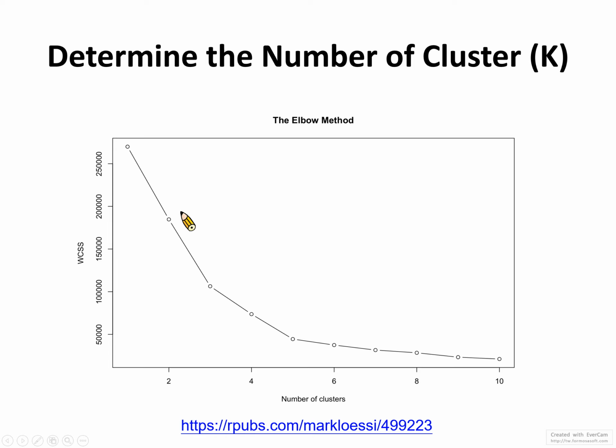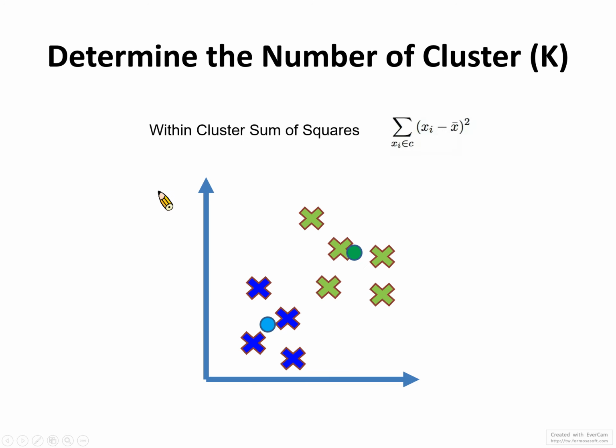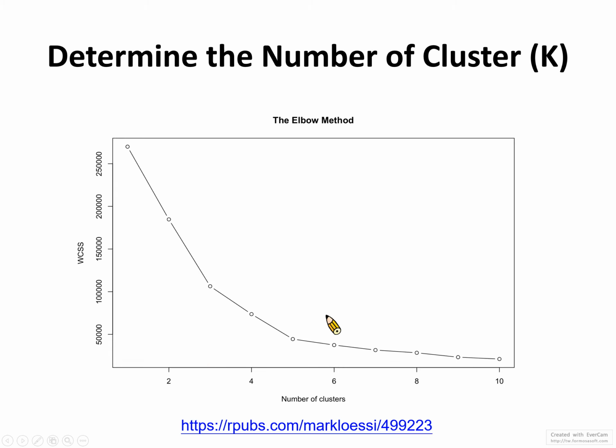So you can imagine that if there is an optimal number of k, then this within cluster sum of squares shouldn't be improved further after this optimal number of clusters. So it's just like an elbow. We need to find a point that has not much substantial change when you increase the number of clusters.